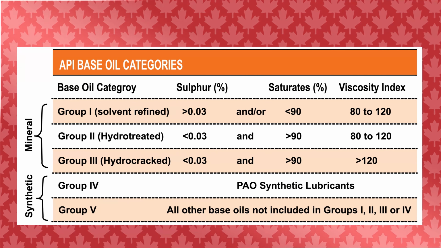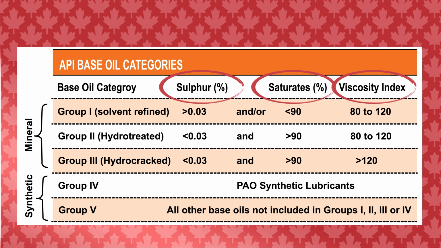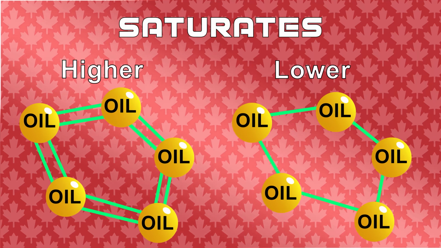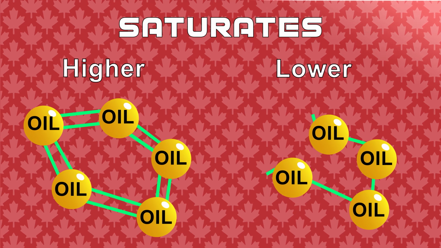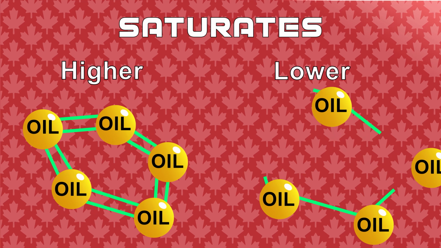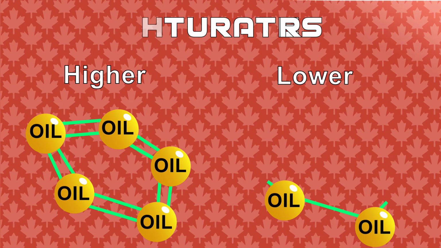As this chart indicates, base oils are largely defined by three main characteristics: viscosity index, saturates, and sulfur. The higher the number of saturates means the higher the molecular bond strength of the oil, and therefore the better the resistance to the breakdown or loss of viscosity.